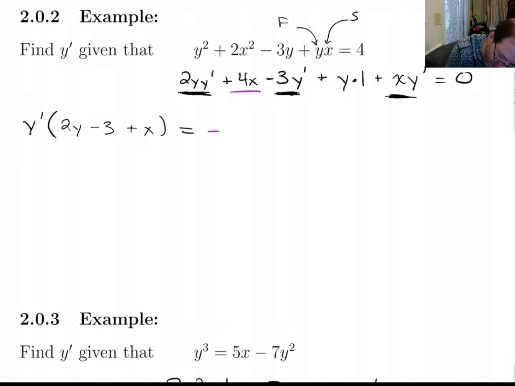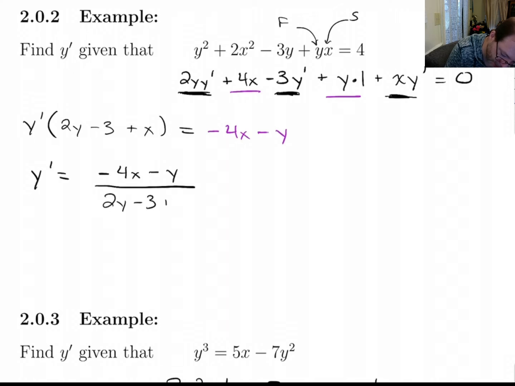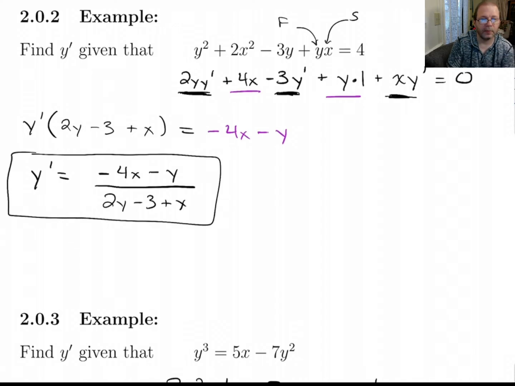So this becomes minus 4x. This is minus y. So if I put this together, I get y prime is minus 4x minus y over 2y minus 3 plus x. So that is my derivative y prime.